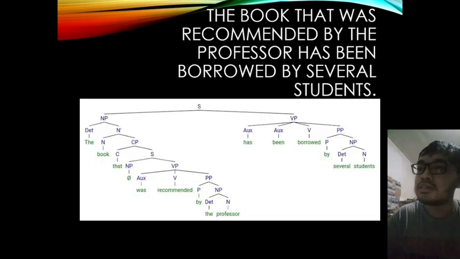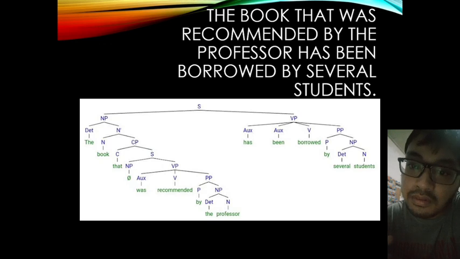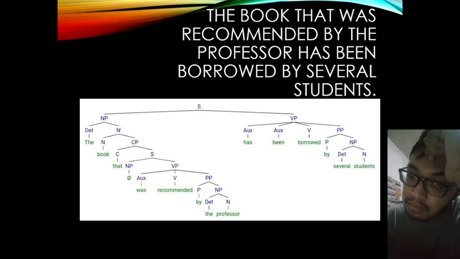Okay, let's go to the sentences. Sentence 1. The subject is the book, where the is a determiner and book is a noun, modified by the relative clause that was recommended by the professor.